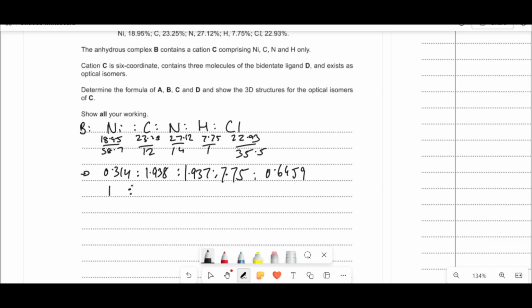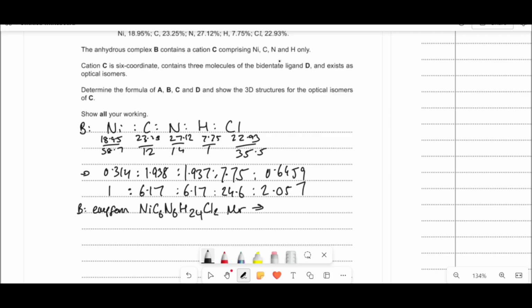So it's going to be 1 to 6.17 to 6.17, roughly, to 24.6 to 2.057. Fine. So therefore, B probably has this empirical formula of NiC6N6H24Cl2.